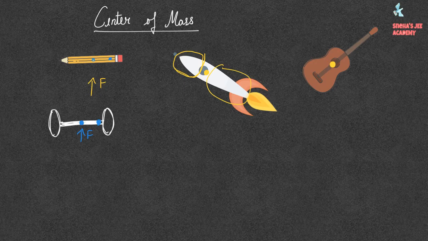So let's say we have another pair of discs which are of different weight. So this is a smaller one and this is a larger one. And there's a rod in between them. For this, the center of mass will not be in the center of the rod but somewhere here.